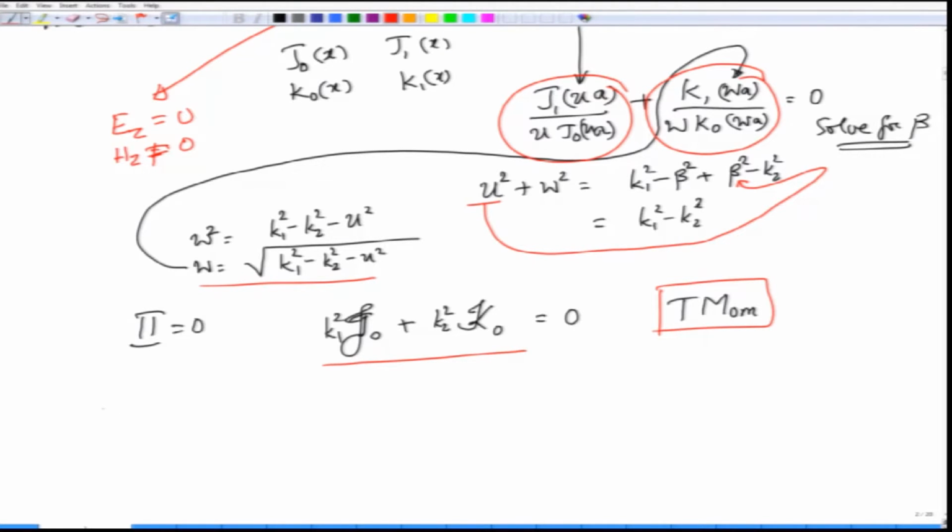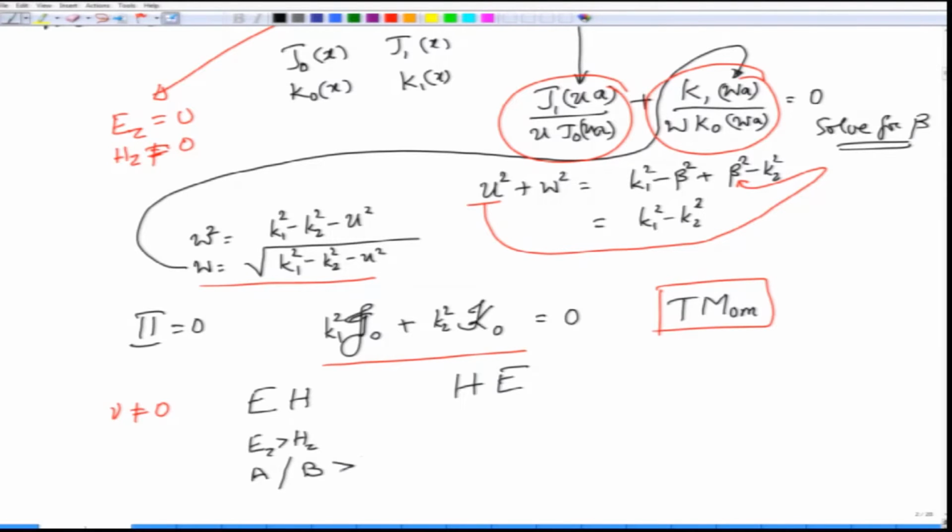In general, for nu that is not equal to 0, you unfortunately end up with two types of waves called EH waves and HE waves. EH waves means that E is greater than H, that is, the Ez amplitude is greater than the Hz amplitude. Ez amplitude, remember, was A in the core, Hz amplitude was B in the core.